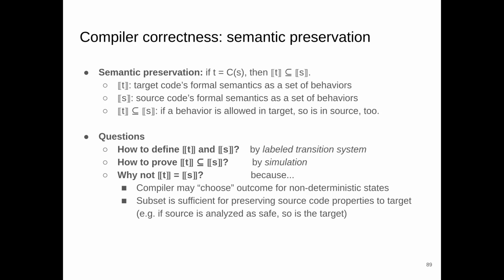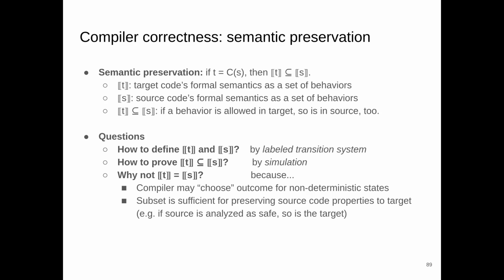So target is a code, source is also a code, and all the code's formal semantics is represented as a set of behaviors. And let's say that these double brackets are the semantic function, which is given a program and is representing the set of behaviors corresponding to the given code.